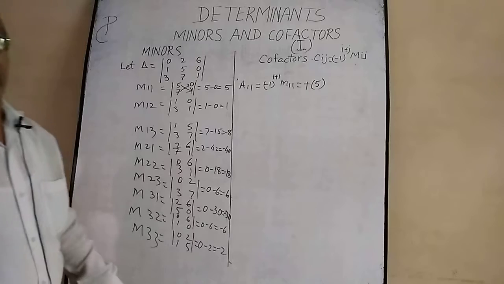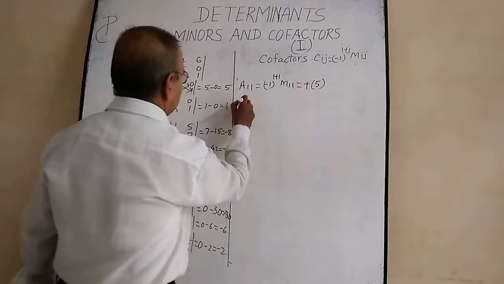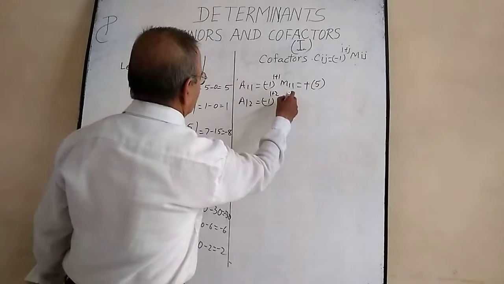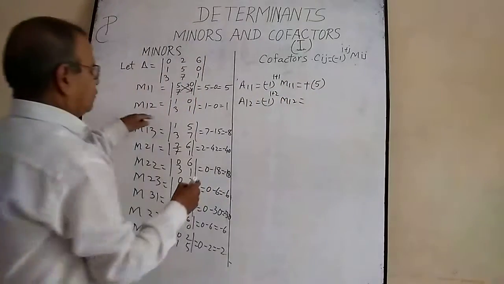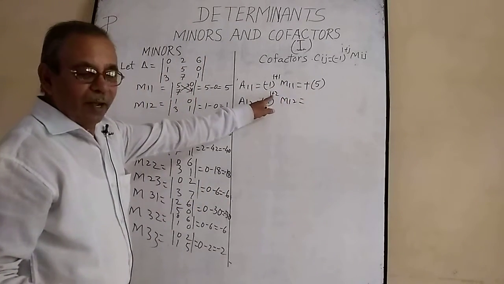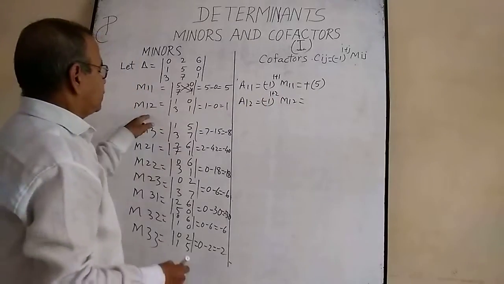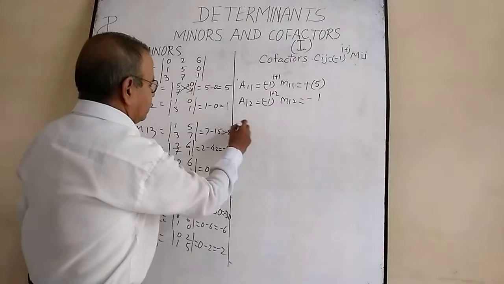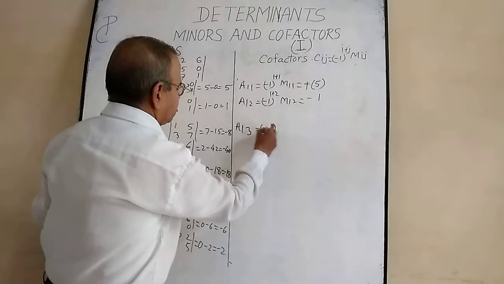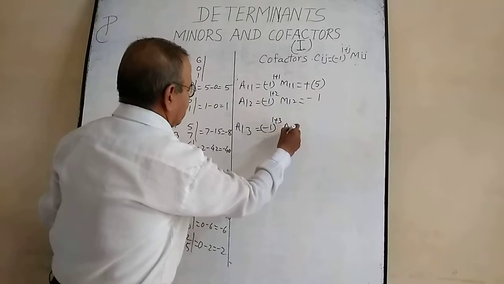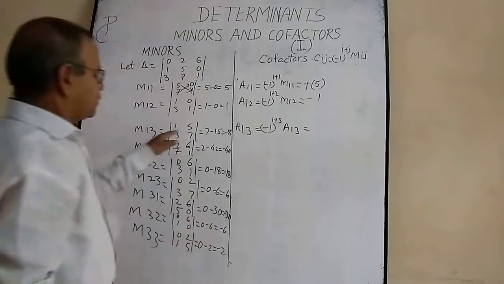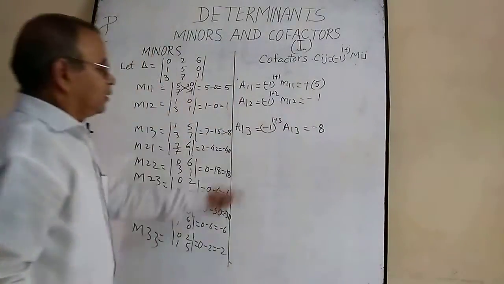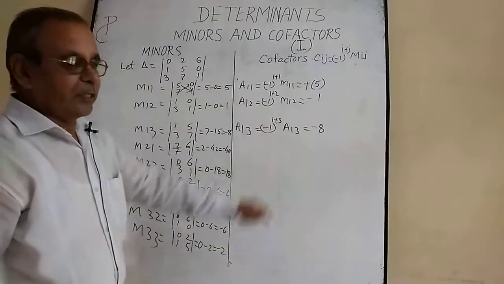What about the cofactor of first row and second column? That is equal to minus 1 to the power 1 plus 2 times M12, and because its power is an odd number, that is equal to minus 1. What about A13? A13 is minus 1 to the power 1 plus 3 times M13, and that is equal to minus 8, because the power of minus 1 is even.